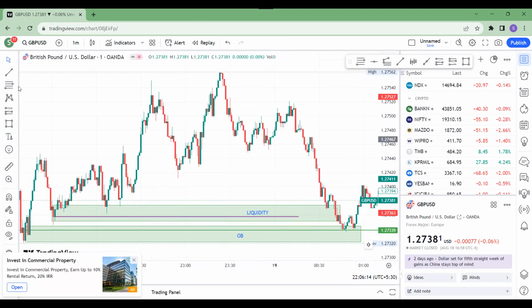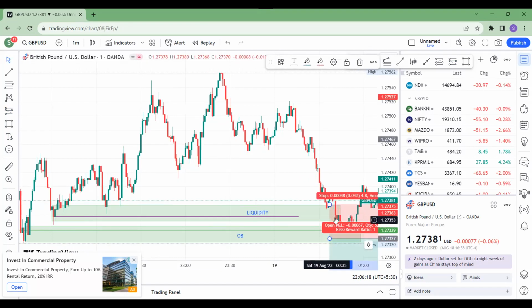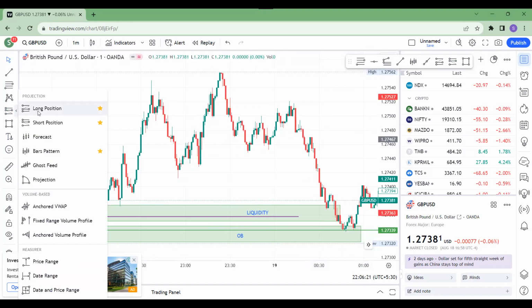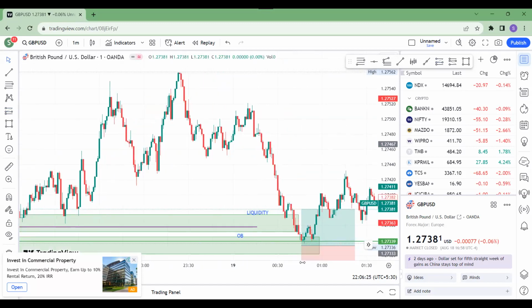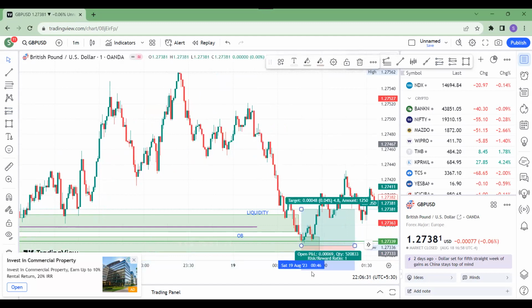So how will we place the trade? Here, you place a long position, and we place the stop loss at this level.